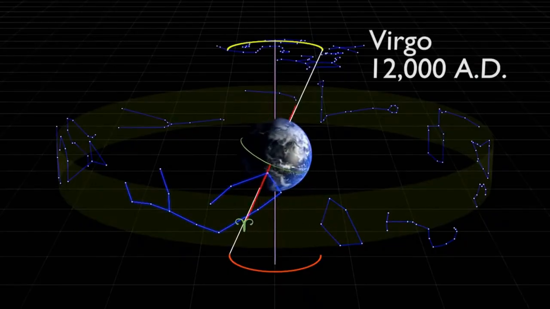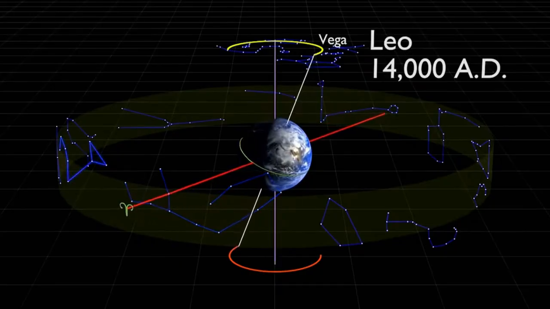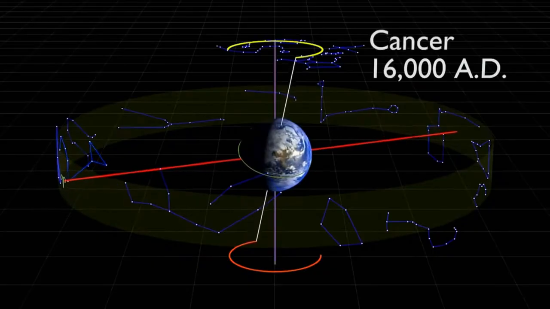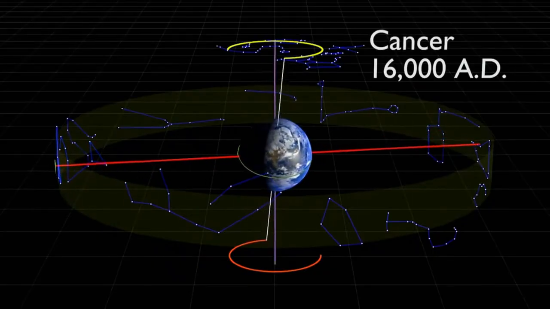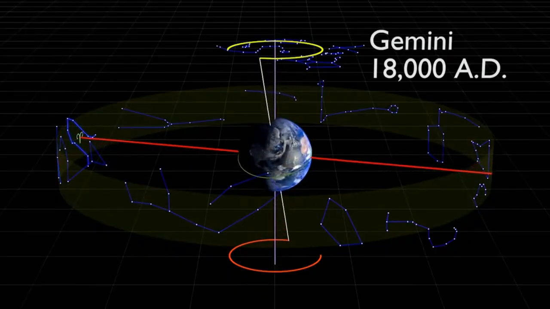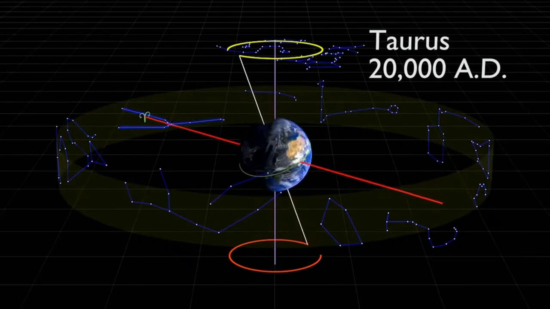The Earth spinning on its axis isn't really slowing down, but it is wobbling as it spins. And so the wobble is on a 20-something thousand year cycle.